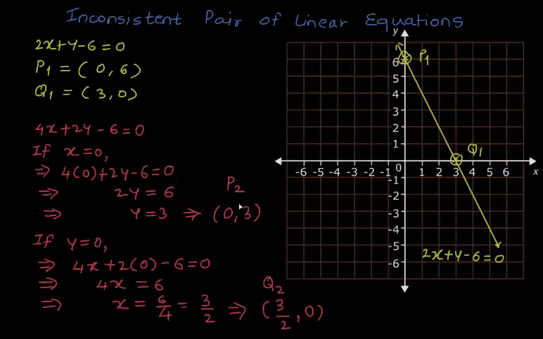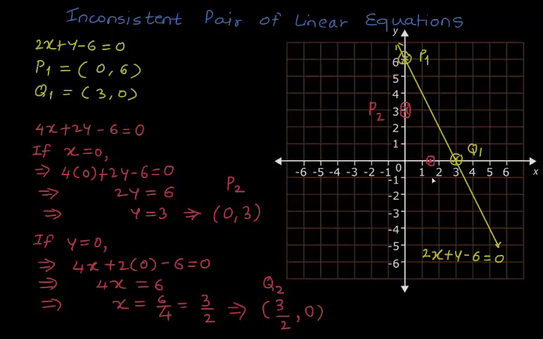Let's plot point P2 and Q2 on the graph. So P2 has coordinates (0, 3). So it will lie on y-axis as its x coordinate is 0. So this is our point P2. Then Q2 has coordinates (3 by 2, 0). So its y coordinate is 0. That means it will lie on x-axis at 3 by 2. 3 by 2 is this position, the exact midpoint of 1 and 2.